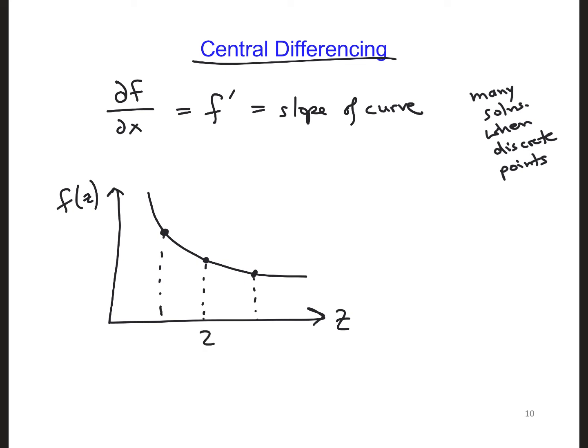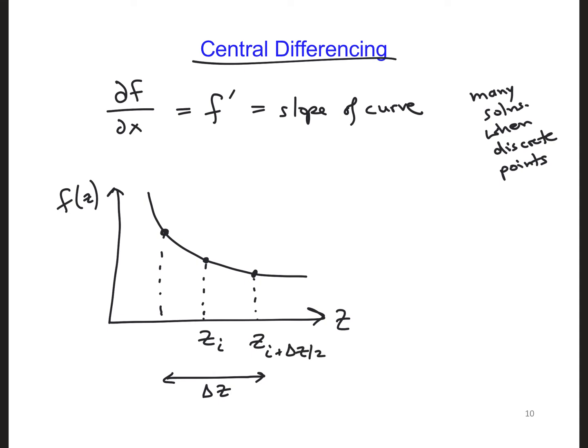This would be at position z, the ith value of z. This would be z_i plus delta z over 2. So I'm going to say that this total distance is delta z. So actually, I meant to say delta z over 2 here.